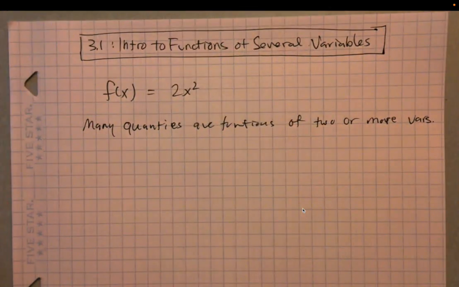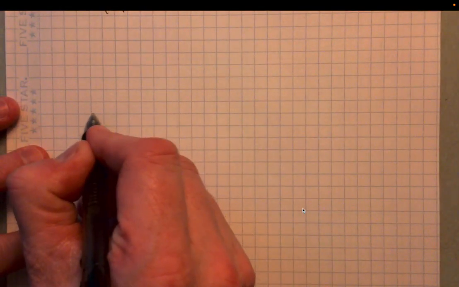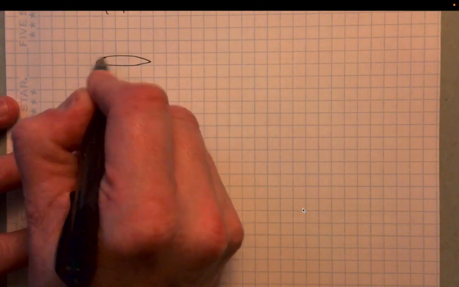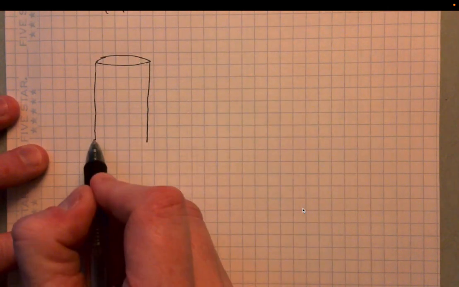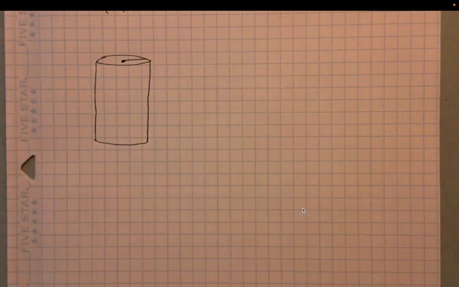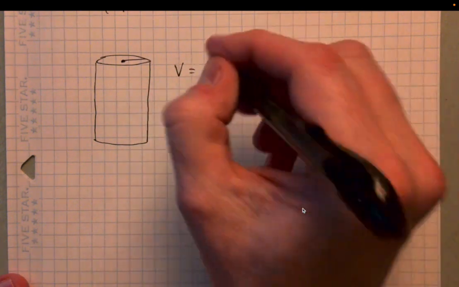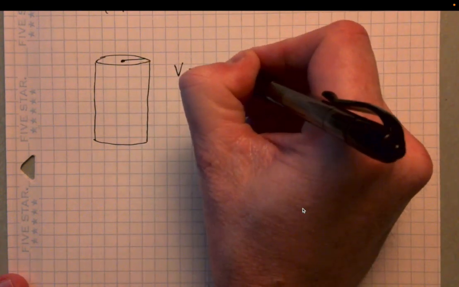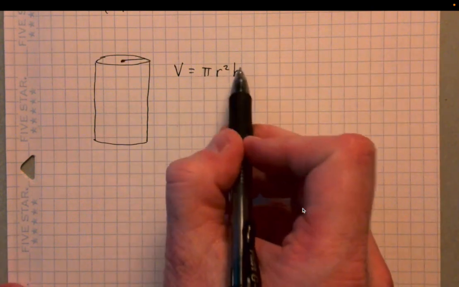So, simple things like the volume of a right circular cylinder, for example. If you think about what that looks like, here you've got the top, and then you've got some height here. The volume is equal to pi times the radius squared times the height, basically the area of the circular base times the height.